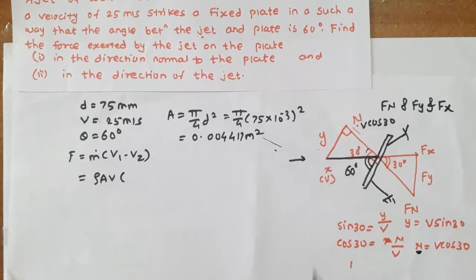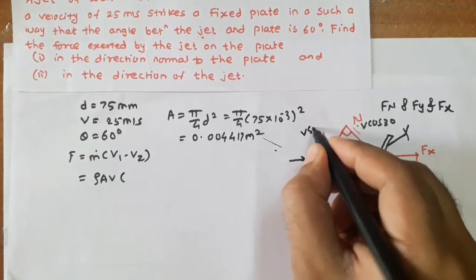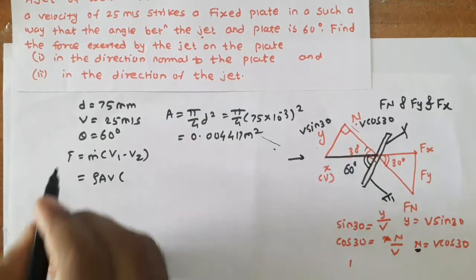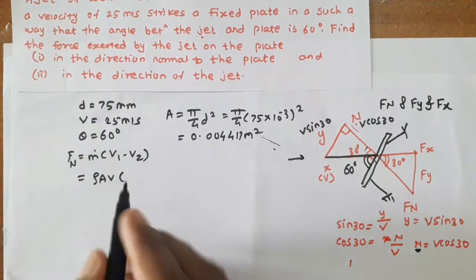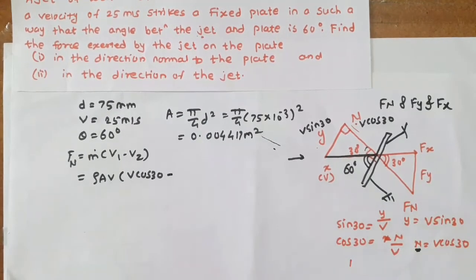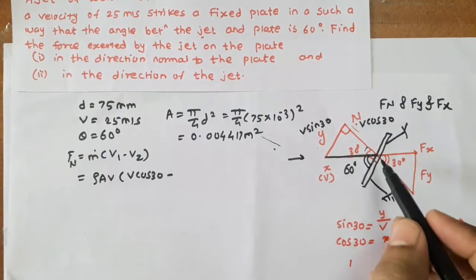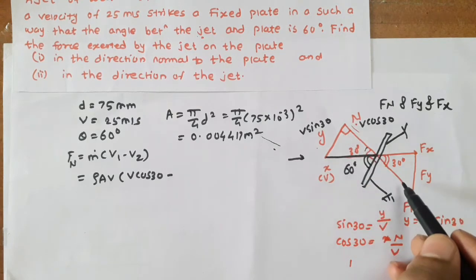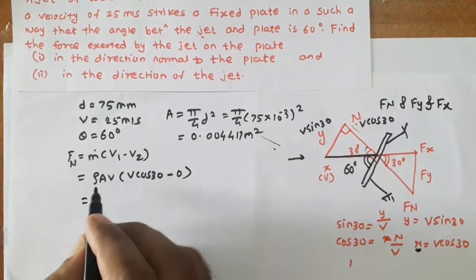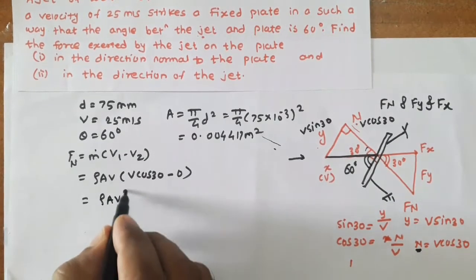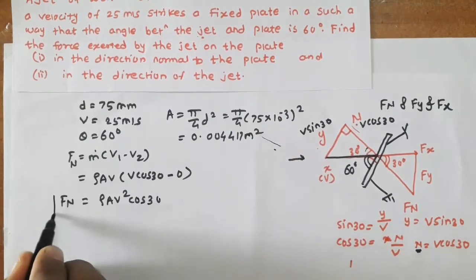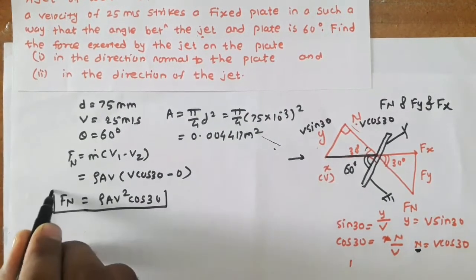Similarly, the y value is V sin 30. V1 is the velocity along the normal direction, which gives the normal direction force. So it is V cos 30 minus V2. After striking, the exit velocity along the n direction is lost, so V2 is equal to 0. So we get rho A V square cos 30. This is the final expression for the force along the normal direction.